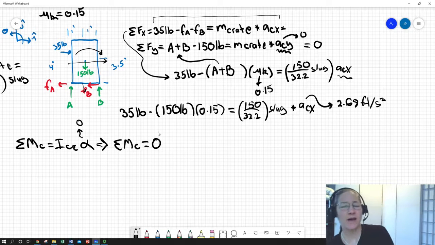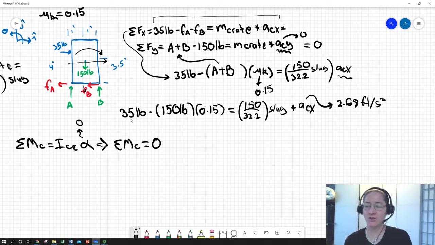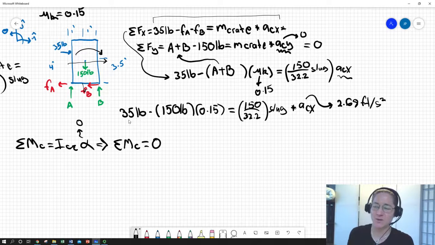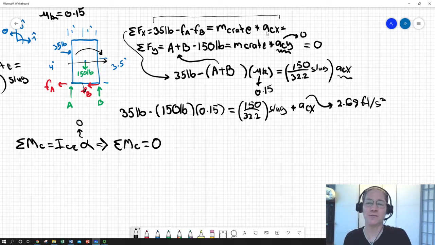So we really do have a bit of a statics problem in two directions. We only have a dynamics problem when we look at the center of mass in the x direction. Center of mass is not accelerating in the y direction, so the forces sum to 0. We also know that we don't have any angular acceleration, and so the sum of the moments about the center of mass has to be 0. So what we can't do is take the moments about some point outside of the center of mass.